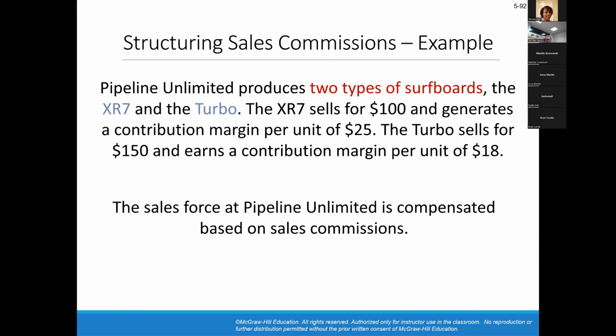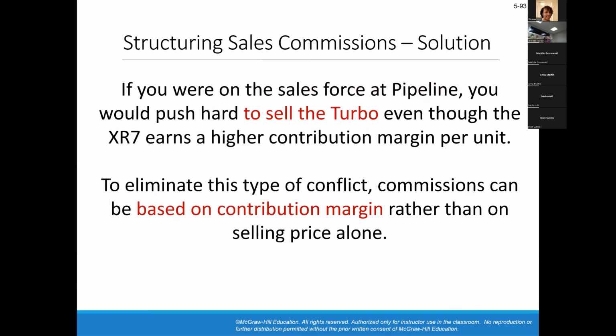And so they're just saying the sales rep might be motivated to sell the one that they make more compensation on for themselves versus the one that has more margin for the company. So the sales force at Pipeline Unlimited is compensated based on those sales commissions. And so now if you're in sales, you'll push to sell the Turbo. Why? Because the Turbo has a $150 sale price where the other one was only $100.